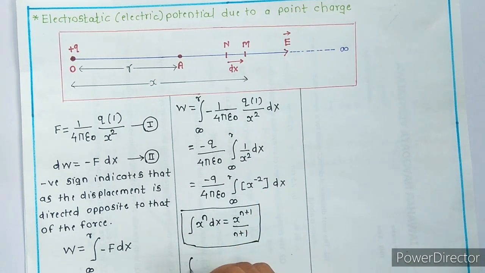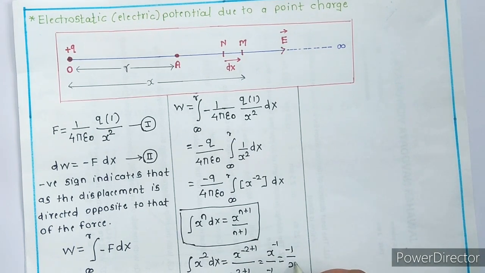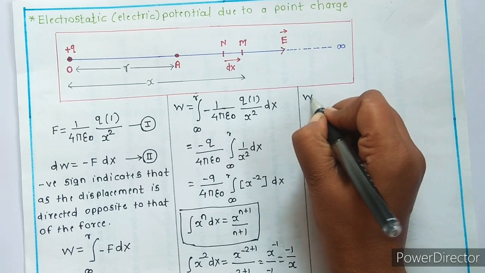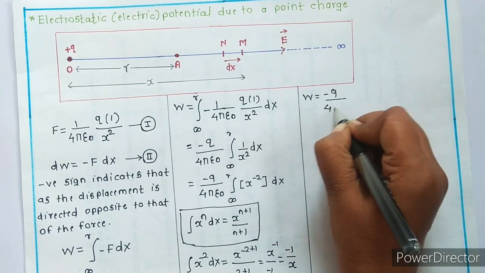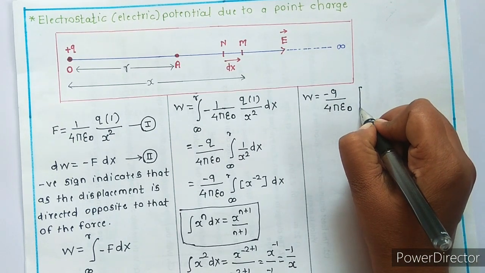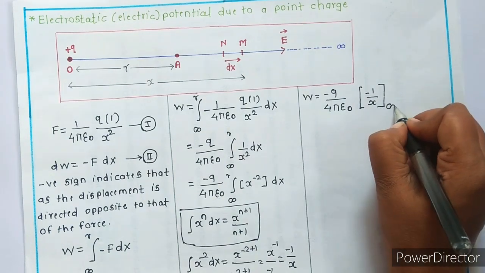So the integration of x raised to minus 2 dx is equal to what? x raised to minus 2 plus 1 upon minus 2 plus 1, which is x raised to minus 1 upon minus 1, which is equal to minus 1 upon x. So put this value here. What do I get? W is equal to minus Q upon 4 pi epsilon 0 times minus 1 upon x from the lower limit infinity to r.